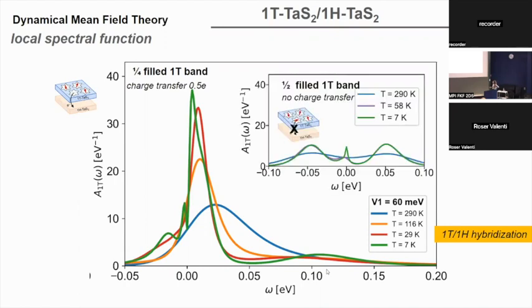And just for comparison, if we were to have no charge transfer, as was assumed in the experiments, as you can observe, the hybridization is not strong enough to really build up this resonance at omega equal to 0.